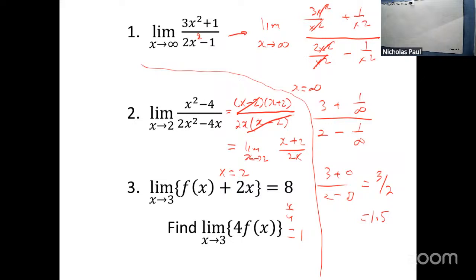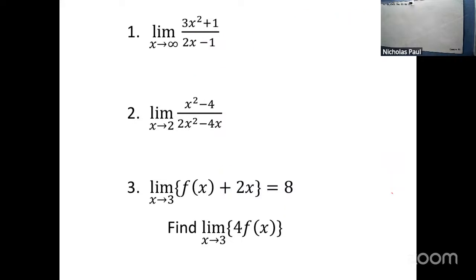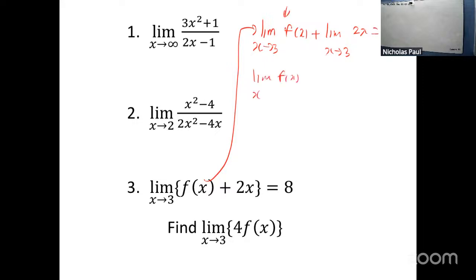All right, what did y'all get? 8. Very good. Right, so if I take the first statement, using the limit rule, I can write the first statement like this. The limit as x approaches 3 of 2x plus f of x is 8. I can't simplify f of x here, so I'll get the limit of f of x as x approaches 3.